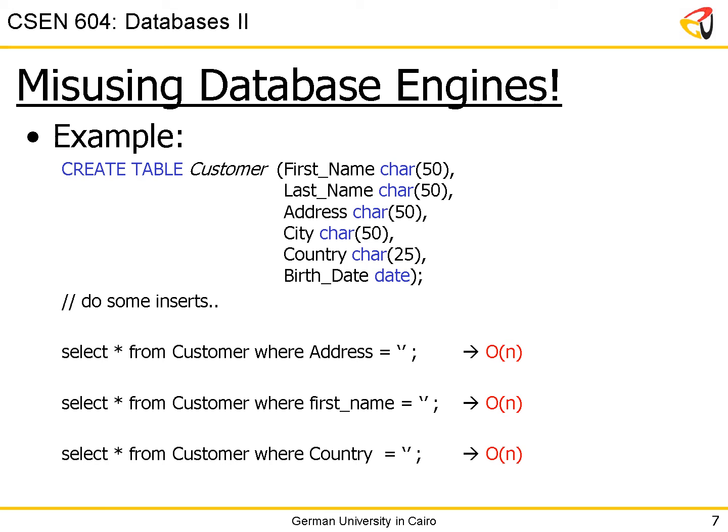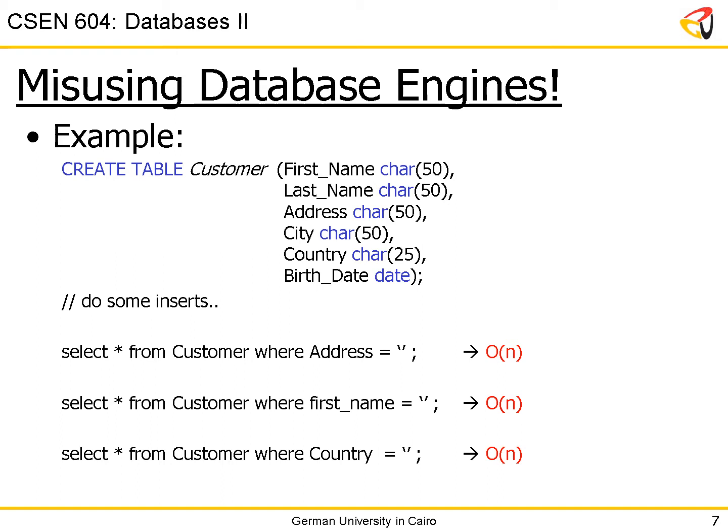In other words, take this query, select star from customer where address equals something. The code that will actually execute it will open the table, access the table files on disk, load the table content, and go row by row, checking the address field to see if it matches what you are trying to find, and if so, it will add this row to the result set.